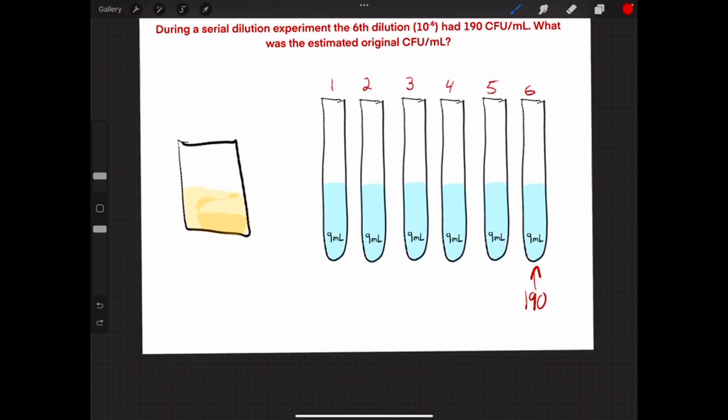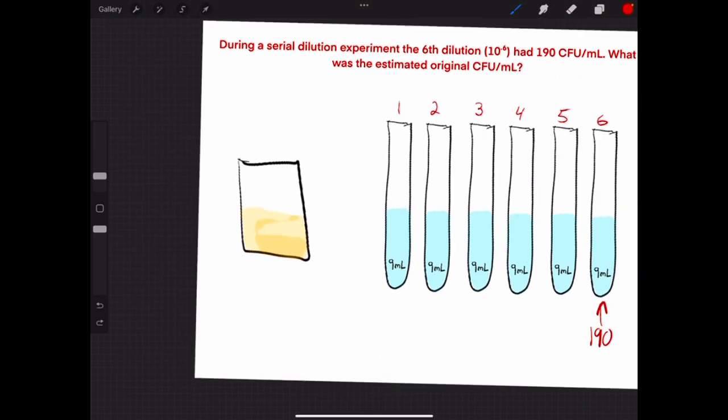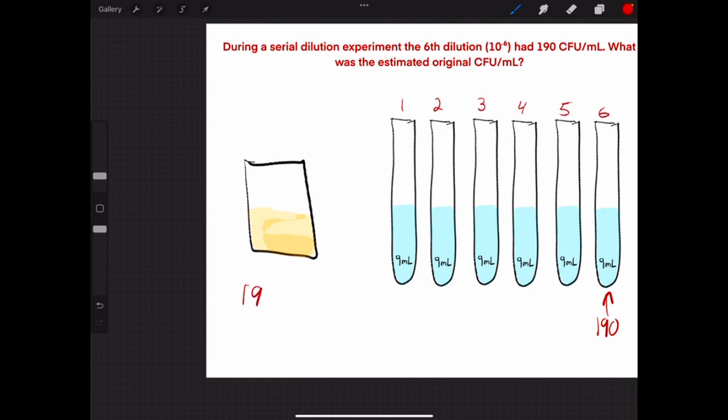So we just go right back to our problem here. 190 over 10 to the negative sixth. That's the same as saying 190 times 10 to the sixth. We know we just got to add 6 zeros to it. So 190, 1, 2, 3, 4, 5, 6.